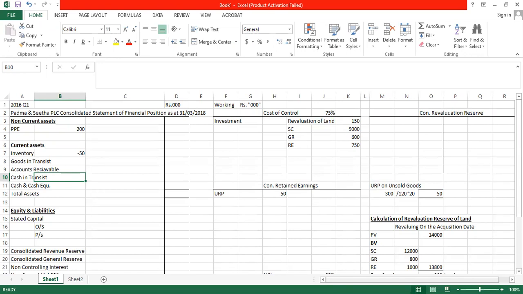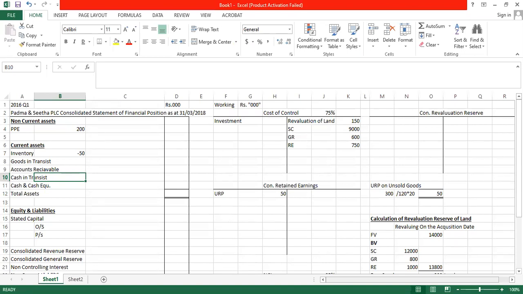Actually, these are very much equal to the branch account adjustments. So we will look at what the current account balances are. Under the current assets, you can see there is a current account balance of 1150 under Padma PLC.